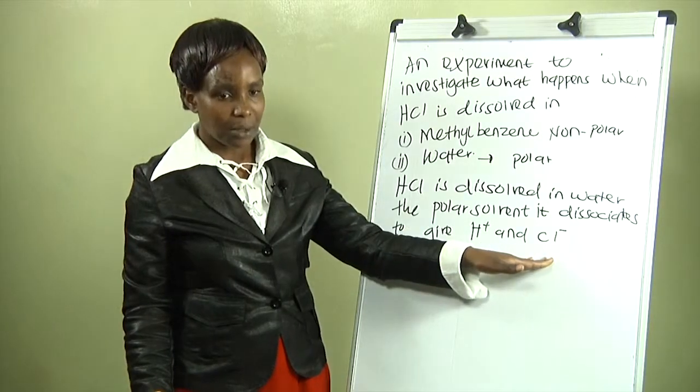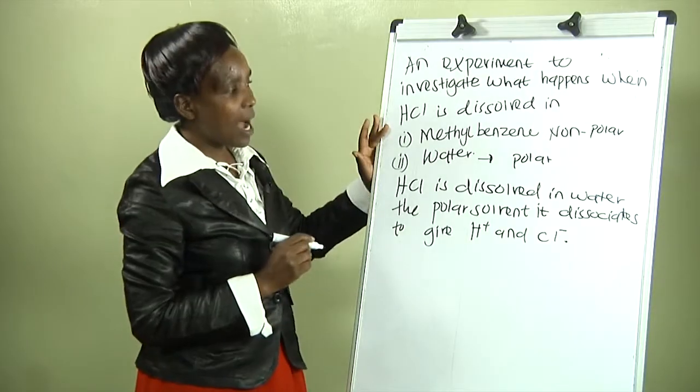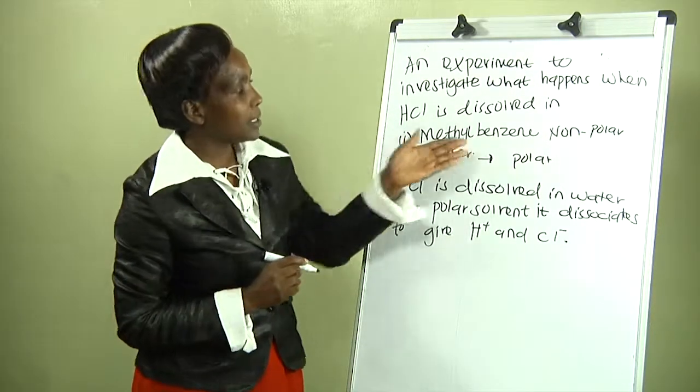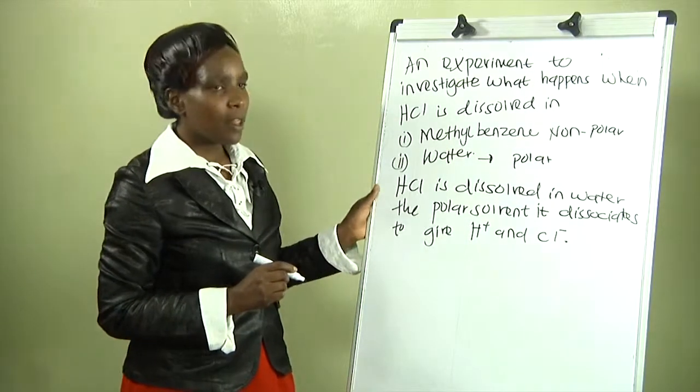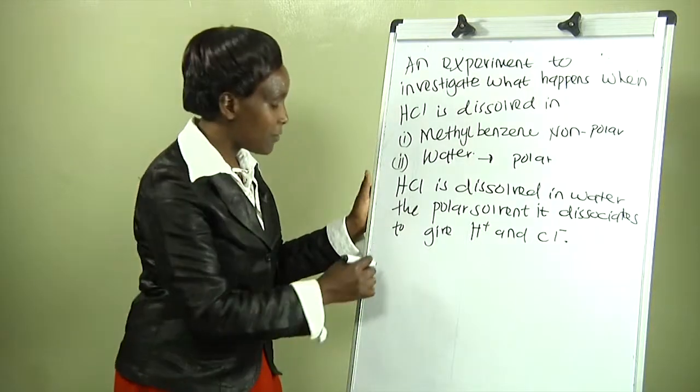and the chloride ions. Now, in the other case whereby we are having the HCl put in methyl benzene, and methyl benzene we know is non-polar, therefore we will say that the HCl will remain in molecular form.